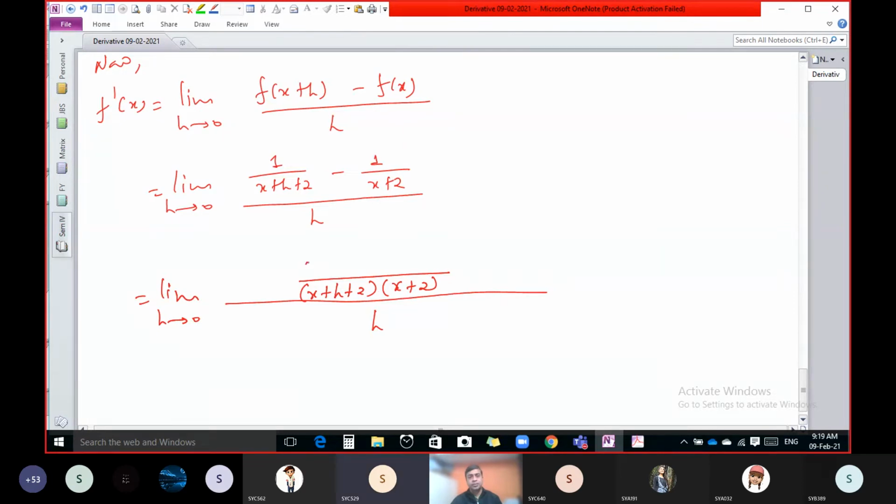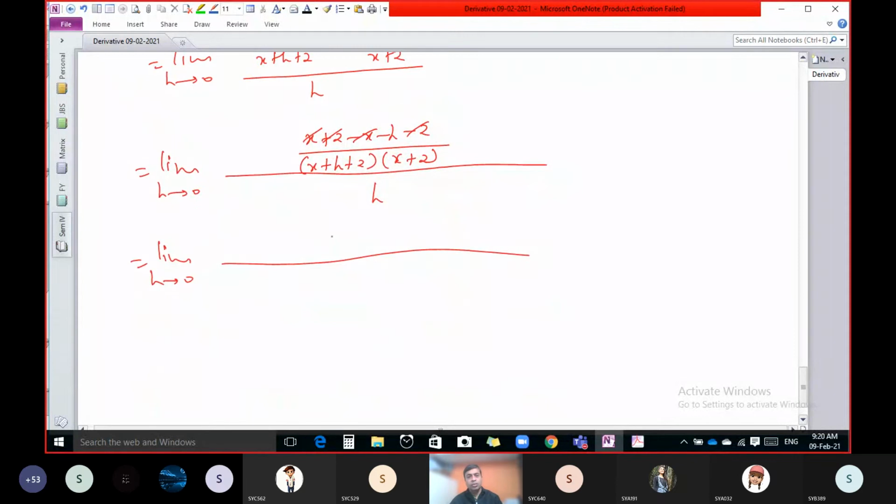x plus 2 minus x minus h minus 2. Correct. So x cancel and minus 2 plus 2 cancel. So we get limit h tends to 0. Now this you can write in denominator h, then x plus h plus 2, then x plus 2. And in numerator we get only minus h.